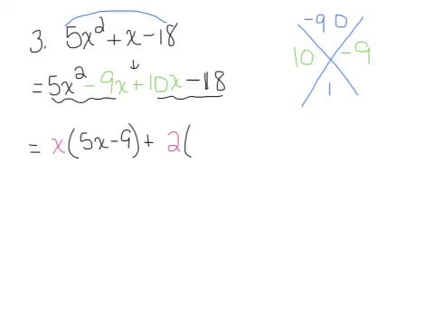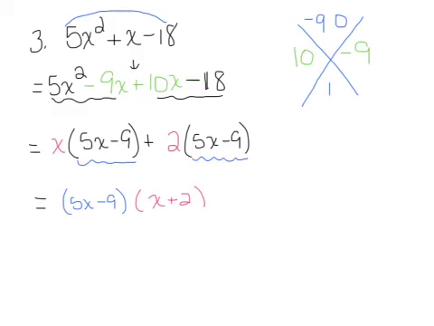And they will be left with 5x minus 9. Since the parentheses are exactly the same, I have x times that parenthesis plus 2 times that parenthesis. I can factor the parenthesis out, 5x minus 9, and I am left with x plus 2. So that's my final answer.